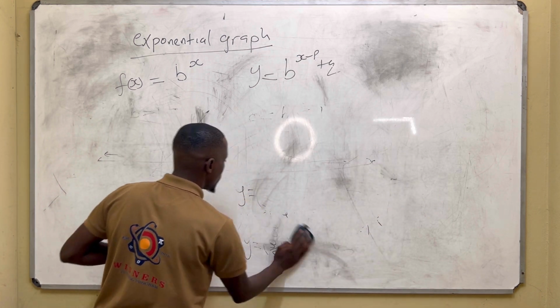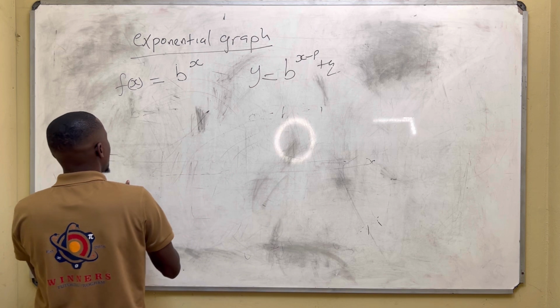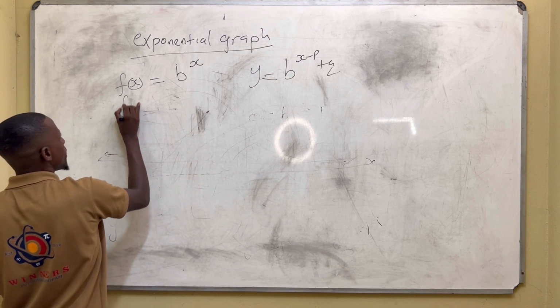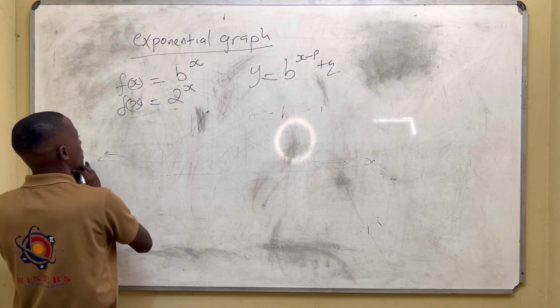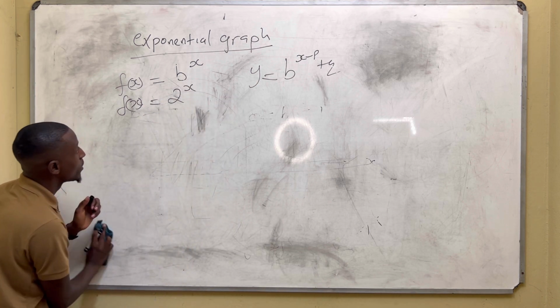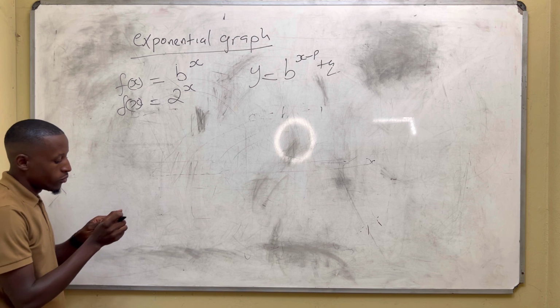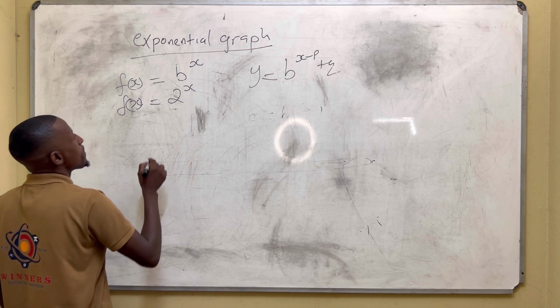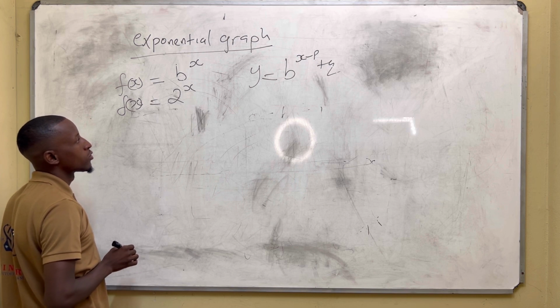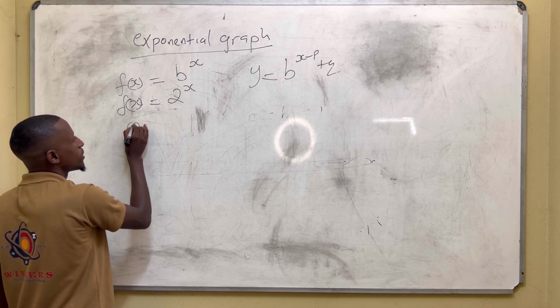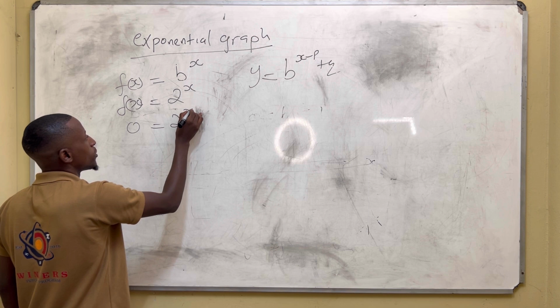Let us sketch. I'll give you one example, where f(x) is given as 2^x. We want to have a sketched graph. How do you sketch this graph? You let y become 0 if you are looking for the x-intercept. 2^x = 0.